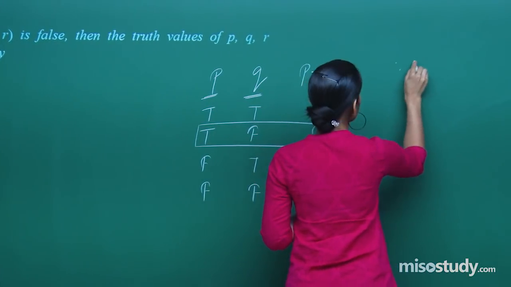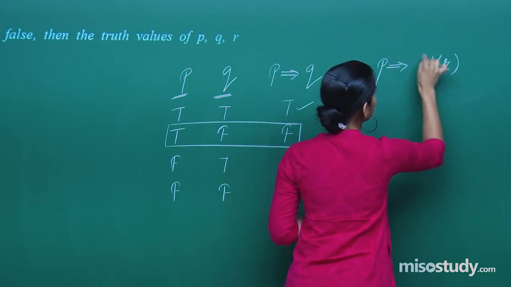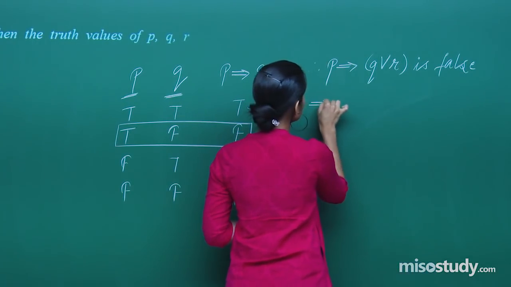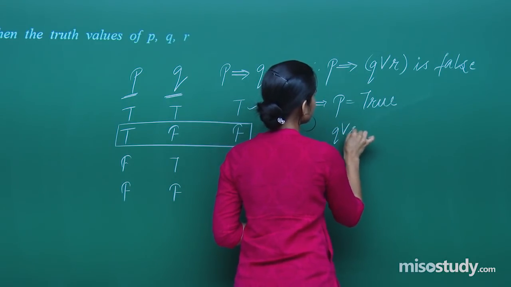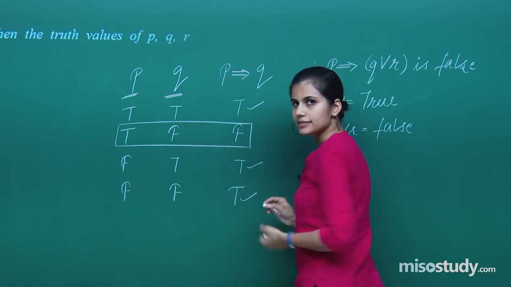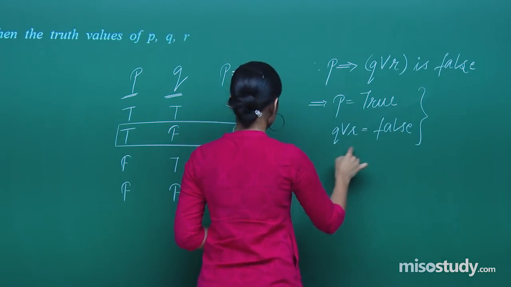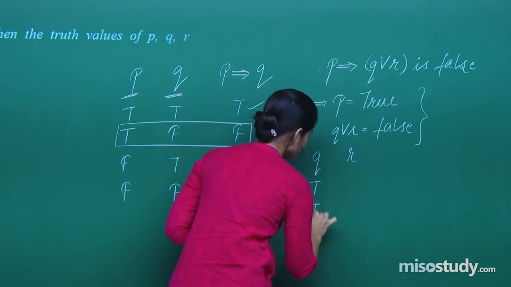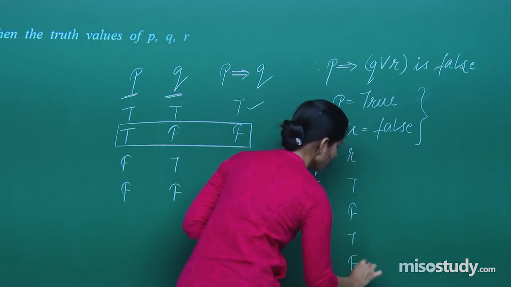Therefore, if it is given that P implies Q or R is false, this means the first statement is true and the second statement is false, because only then can this implication be false. Now, Q or R, so let me say Q, let me say R. This can be true, true, false, false, true, false, true, false.